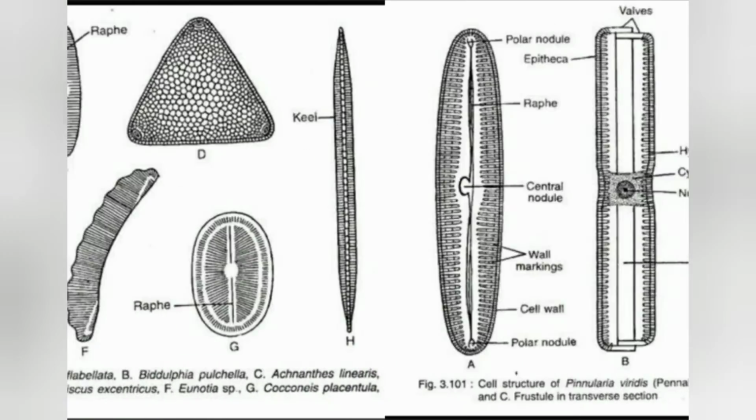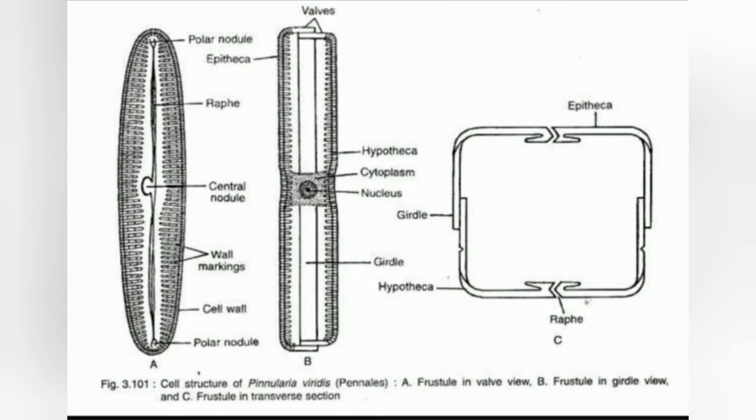Here, just remember that the cell structure is composed of two valves. The diatom cell is known as the frustule and is composed of two overlapping valves.